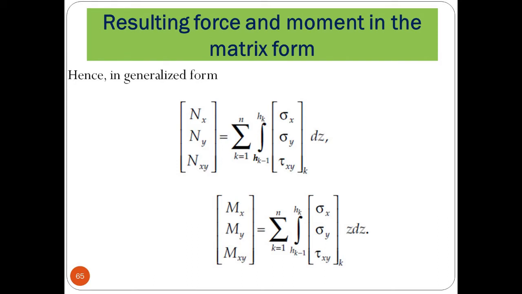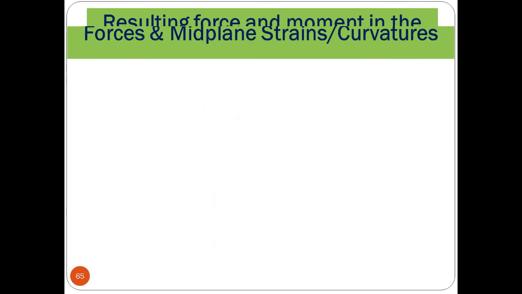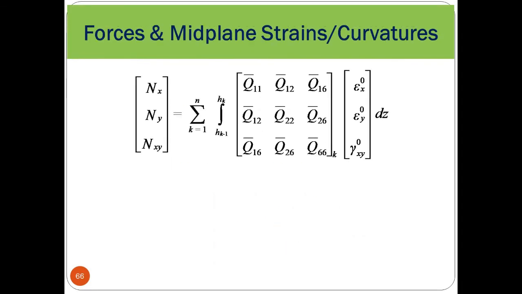And once again, from the ply variation 1 to n, we may have the moment matrix equation in the generalized form. This is Mx, My, Mxy, and this would be multiplied by z dz.